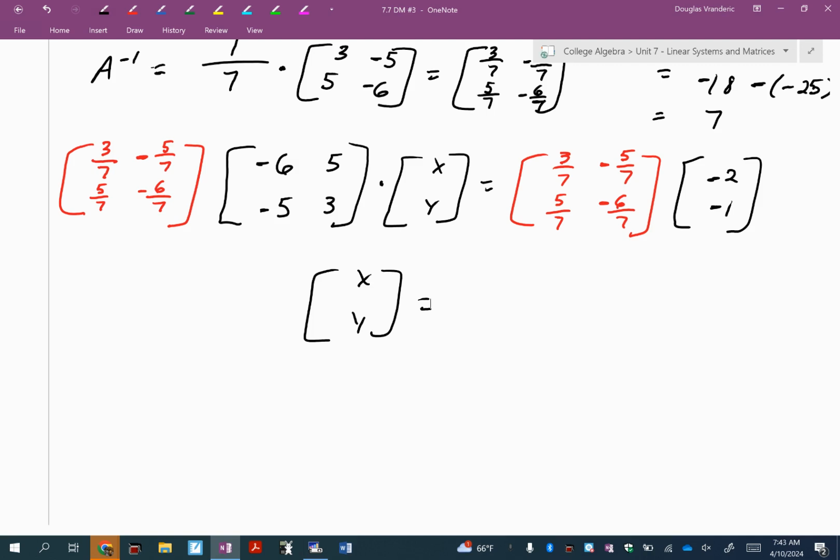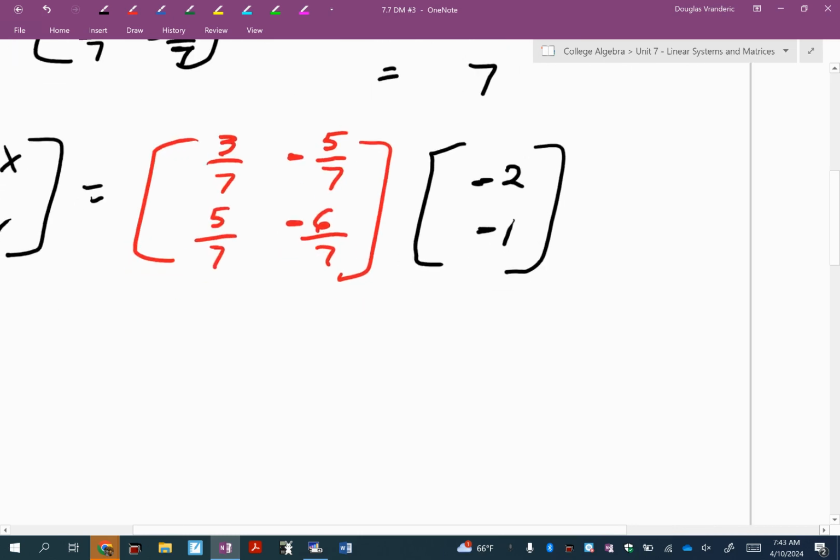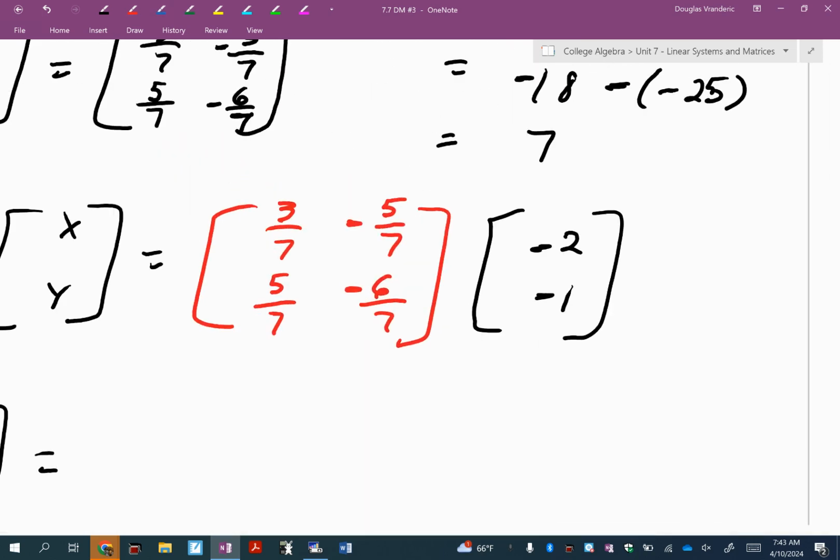All right, so now the real work is going to be multiplying these two over here. Now, do you guys remember how we multiply matrices? Because we did this a couple of times. First thing you do is you write down the dimensions. What are the dimensions of my red matrix? 2 by 2. What are the dimensions of this matrix here? 2 by 1. Do you remember which numbers have to be the same?